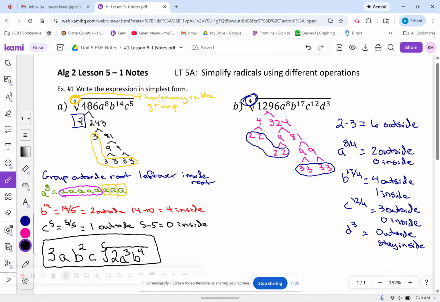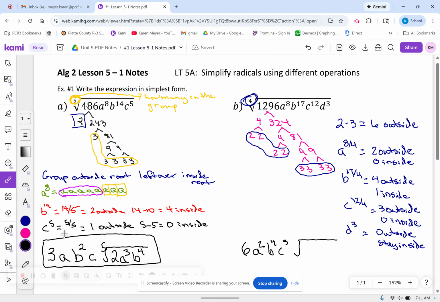So then my final answer, on the outside for my plain number, I will have a 6. For the A's, we said we were going to put 2 of them on the outside, so that's A squared. For the B's, we said 4, so B to the 4th. For C, we said 3, so C cubed. And for D, we said none of them, so don't write any D's.